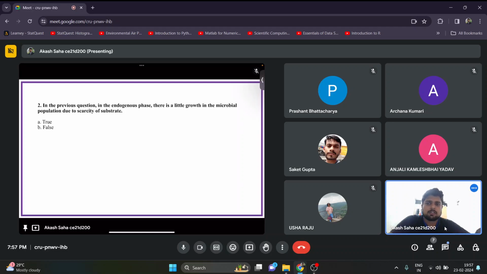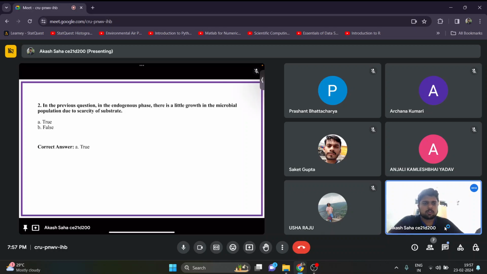So it has to be true that there is a scarcity of substrate. There is no more substrate available. So there will be very little growth. The death of the microorganisms will be much more than the growth. So hence there will be a decline. So as far as this statement is concerned, it is true that there will be very little growth in the microbial population because of the scarcity of the substrate. So the answer is true.